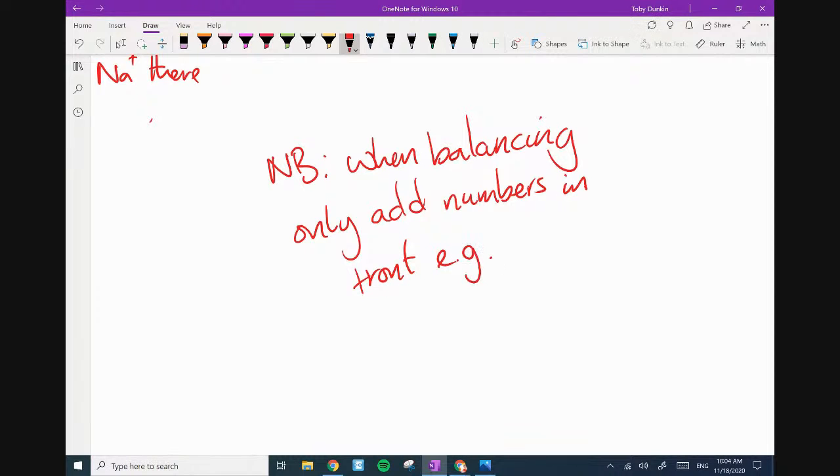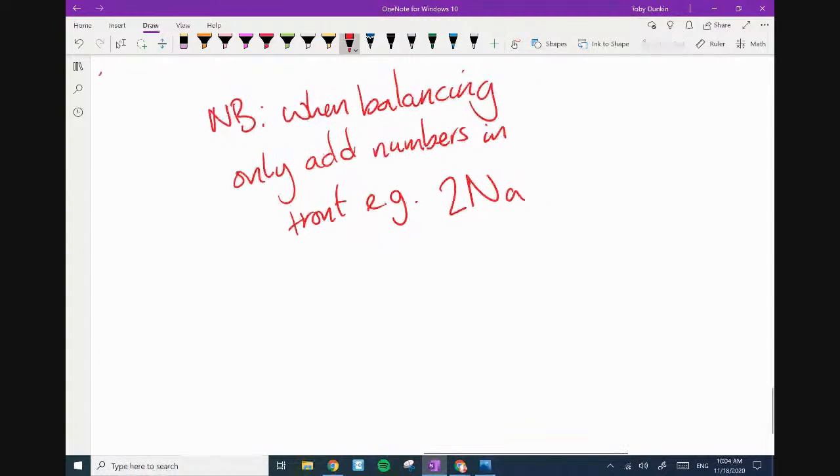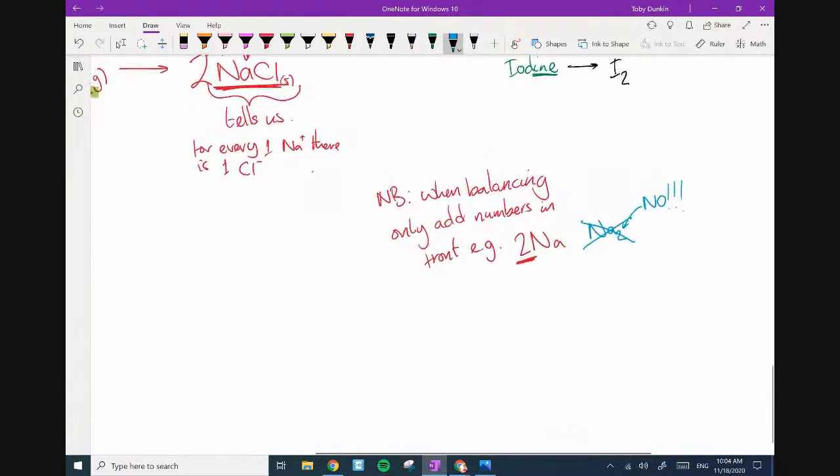E.g., 2Na, big number in front, not Na2, because it doesn't travel around diatomically. We only add big numbers in front.